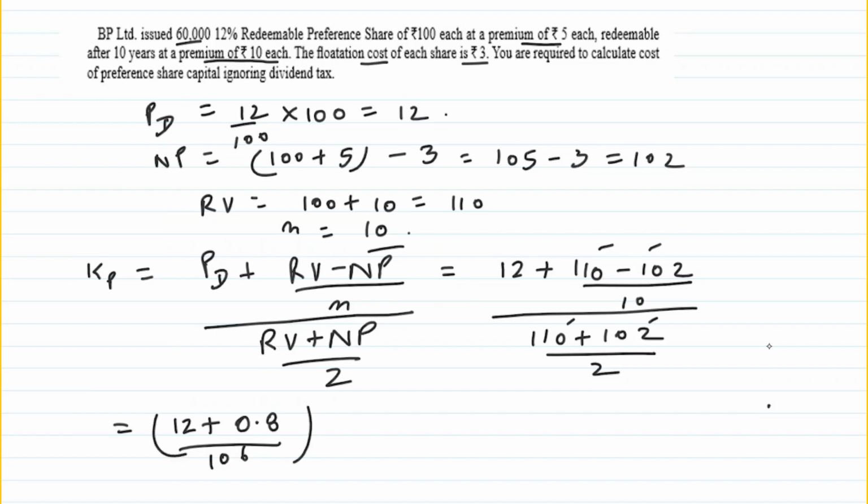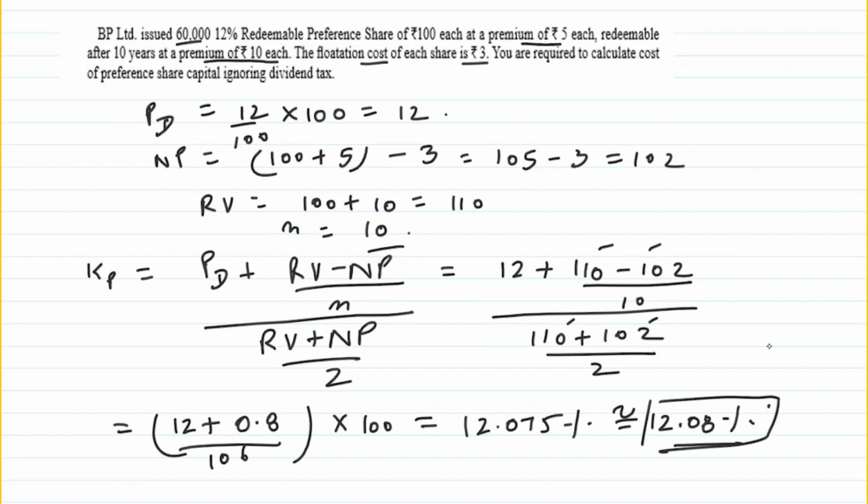Since we are supposed to calculate it in terms of percentage, this value will be approximately 12.08%. Hence the cost of preference share capital is 12.08%.